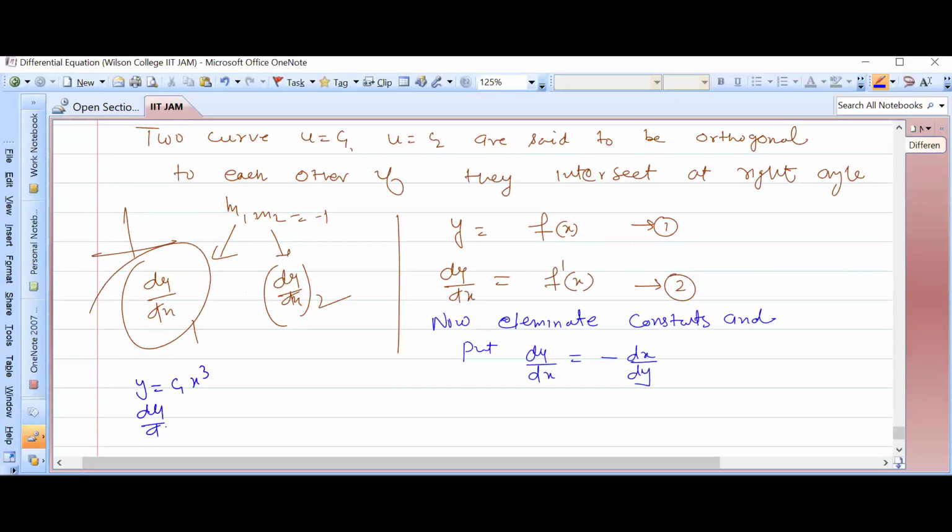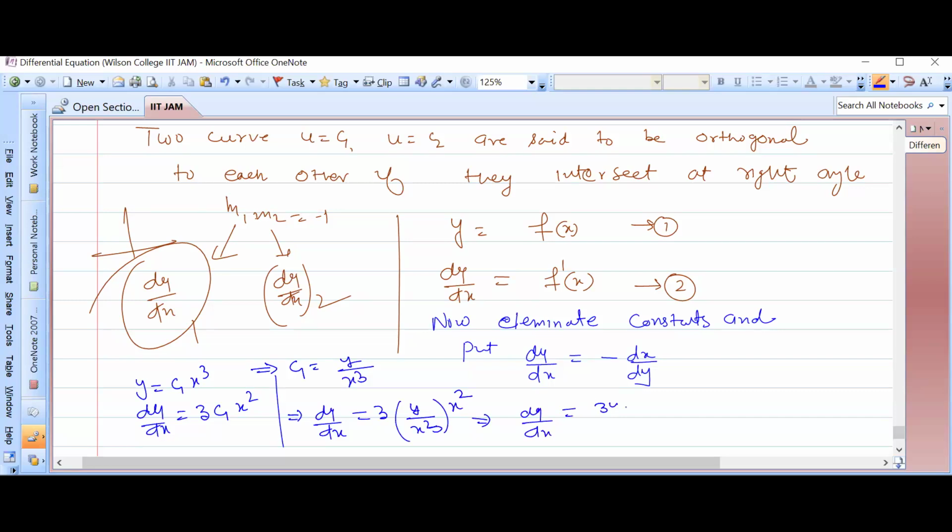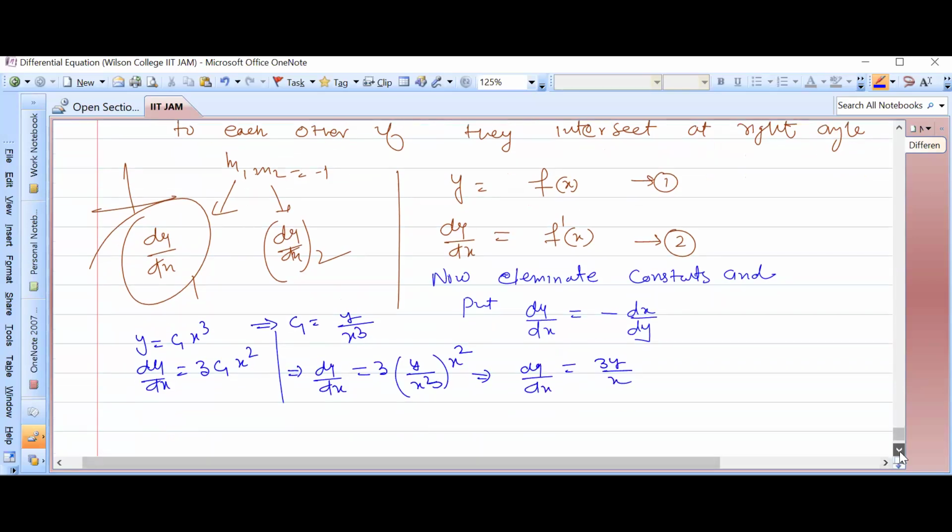This is dy by dx, this is 3 times c1 x square. So please see here, what is the value of c1? y upon x cube. Therefore, dy by dx equals 3 times y by x cube into x square. Sorry, my mistake. So what we get? dy by dx equals 3y by x.